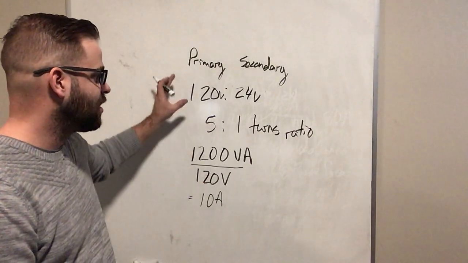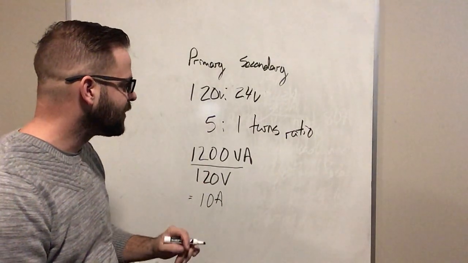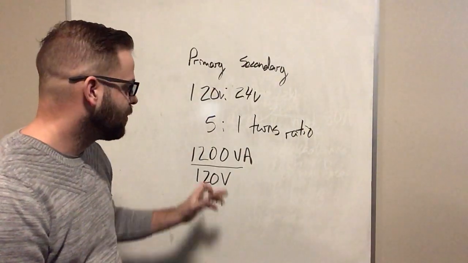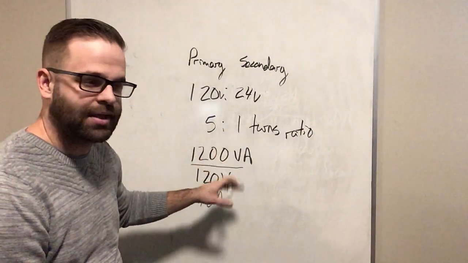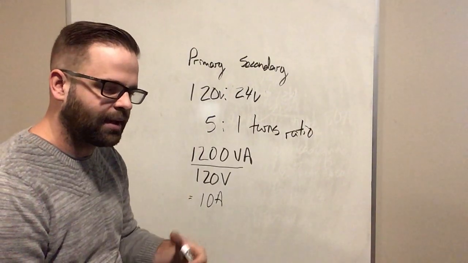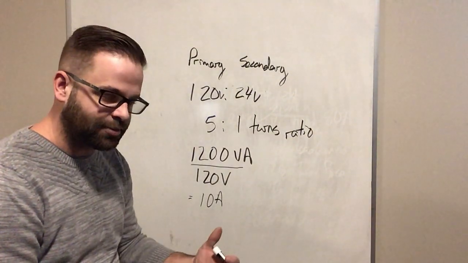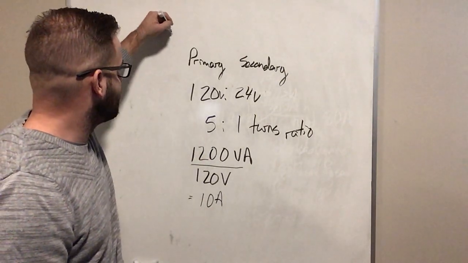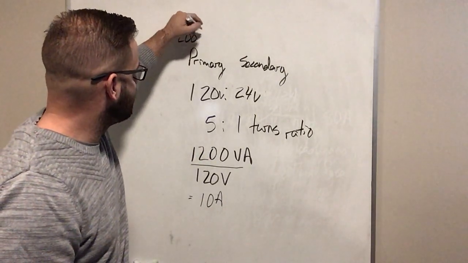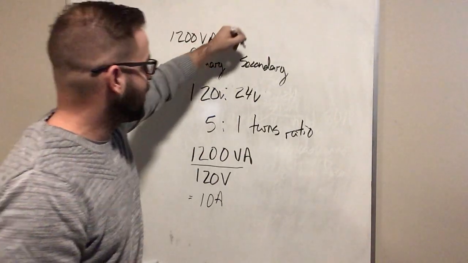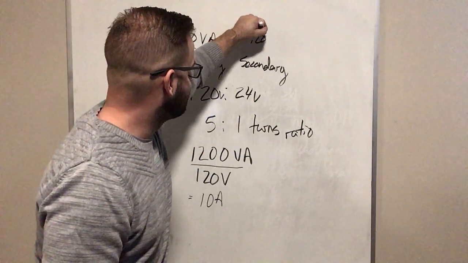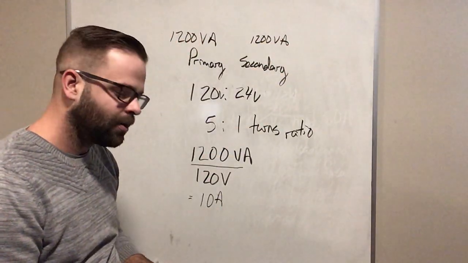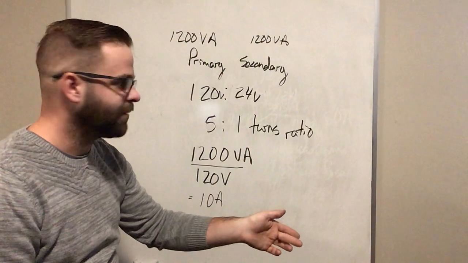So I have 10 amps on my primary. From the primary to the secondary of the transformer, my kVA is going to be the same. My losses are going to be negligible through my transformer. So if my power on the primary side is 1200 volt amps, then my power on my output is also going to be 1200 volt amps. So input and output power are the same.